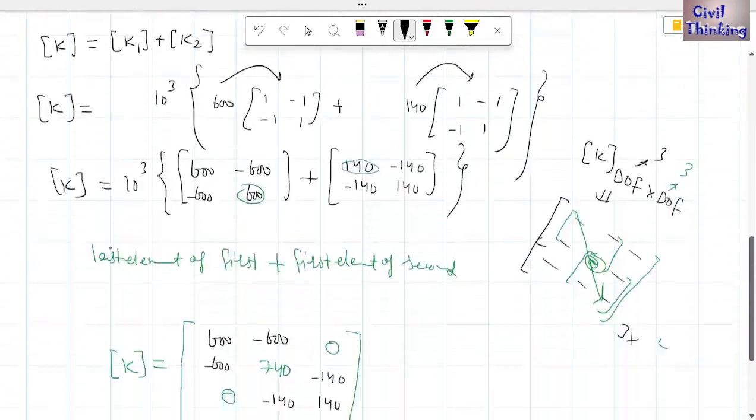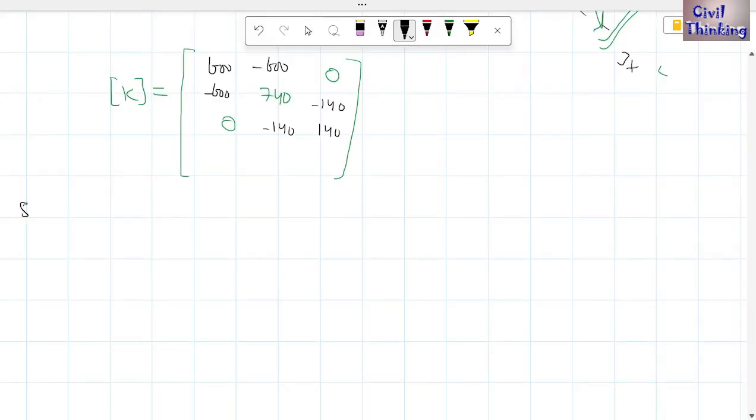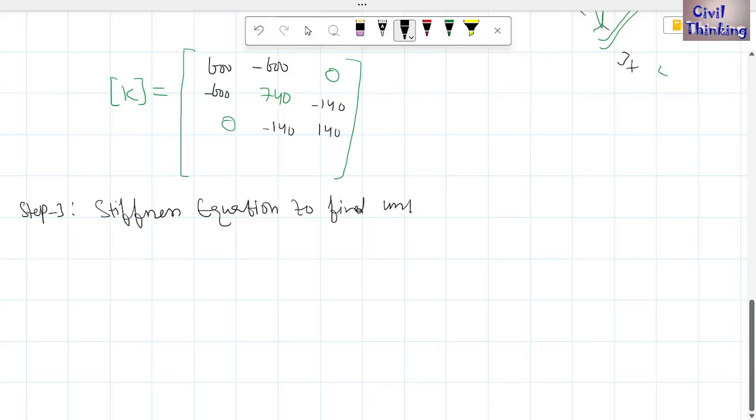Now what is step 3? Let me write step 3 here. Step 3 is formulation, use of stiffness equation to find unknown displacements.